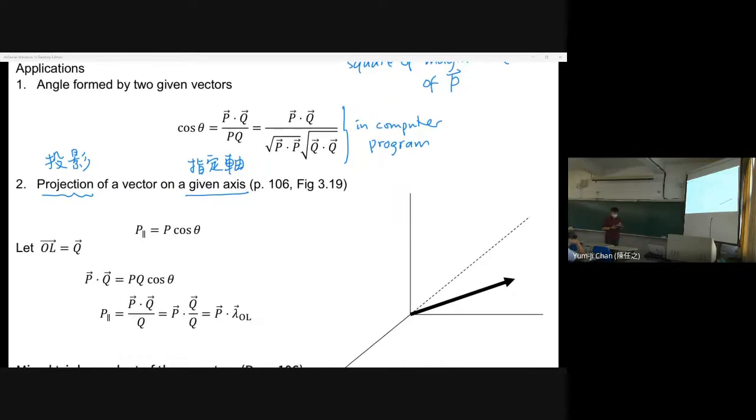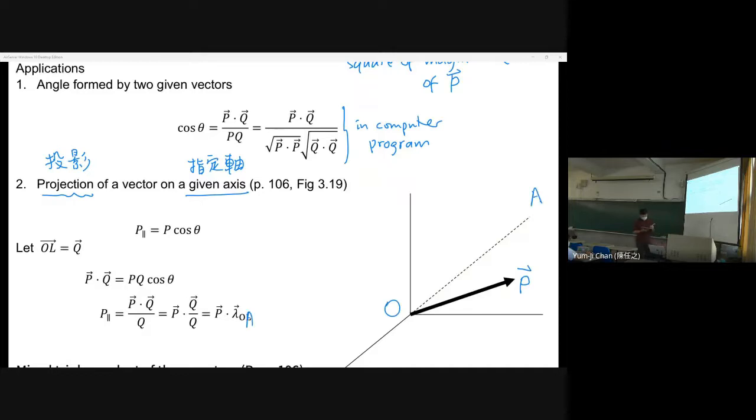It means, for example, we have a vector P here. Suppose we have the sun here, and then there is a shadow here. So we are talking about this axis, which I think I marked as axis OA.